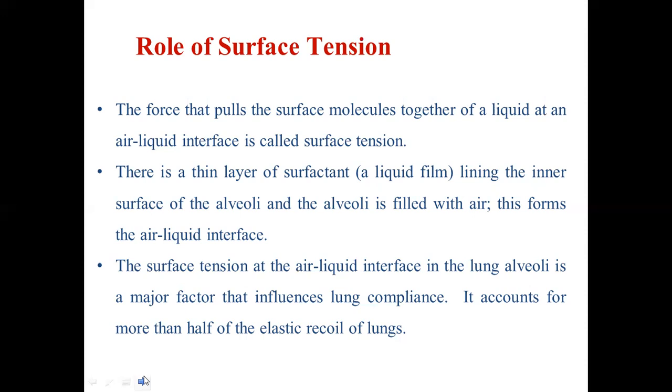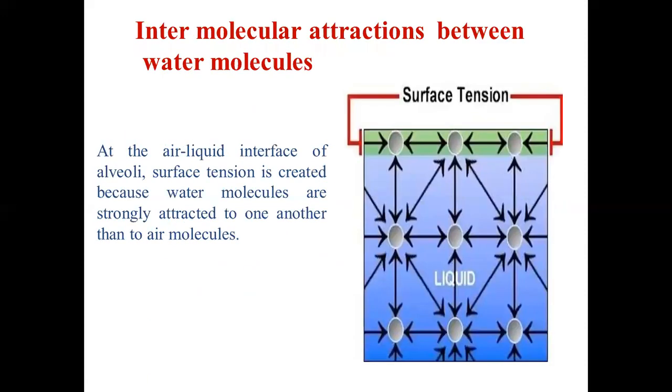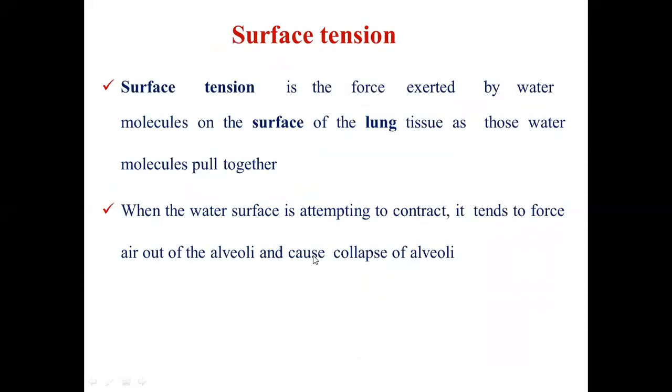Because the liquid molecules are attracted towards each other. You can see that there are molecules, and all these molecules will try to attract each other. So they will try to come closer, and that strong attraction at the surface will create a force that is known as surface tension.